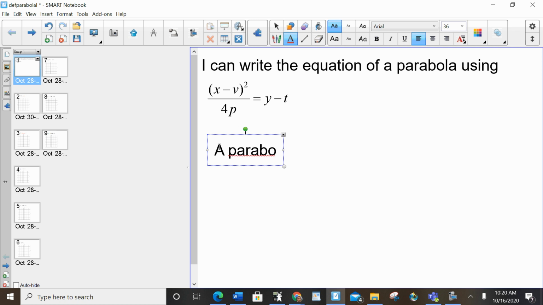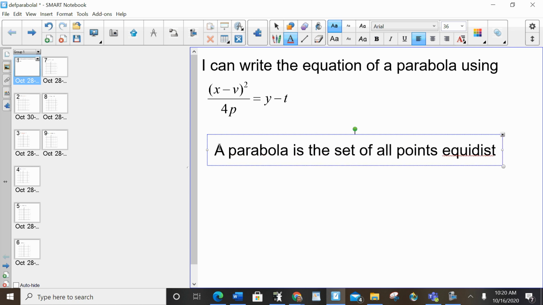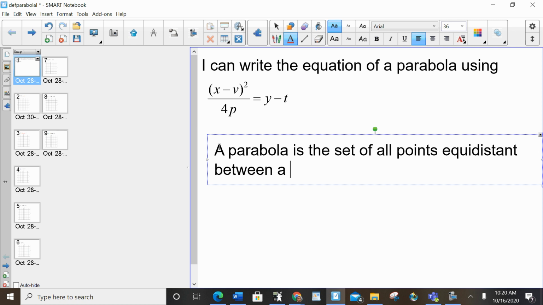A parabola is the set of all points equidistant between a point called the focus and a line called the directrix.